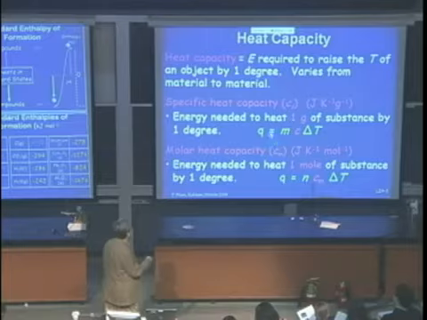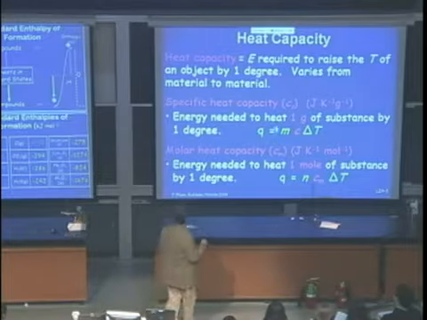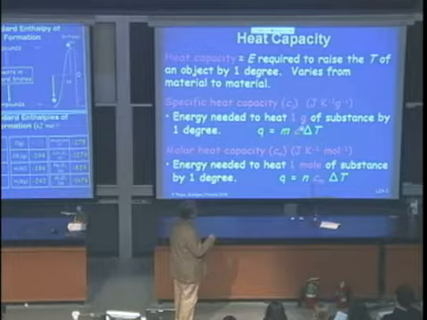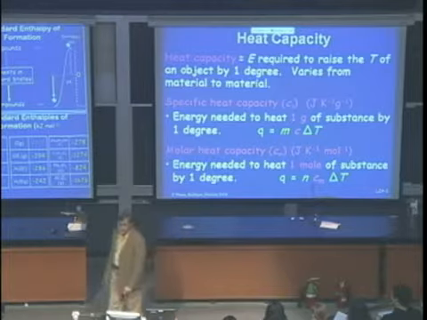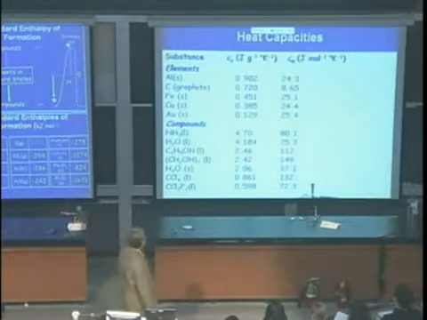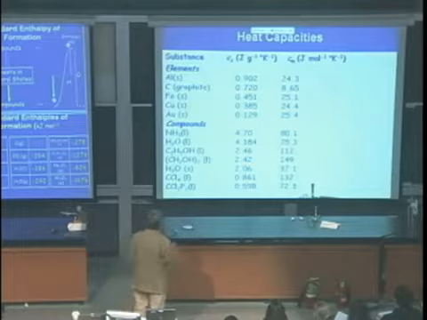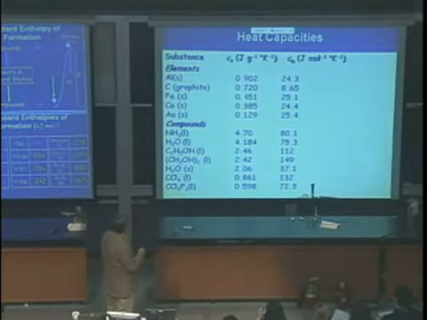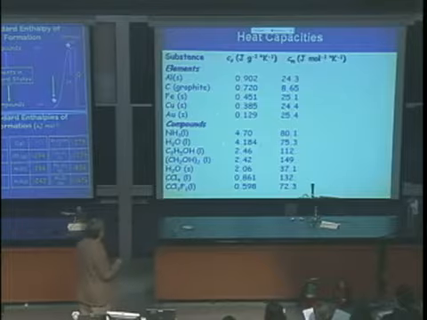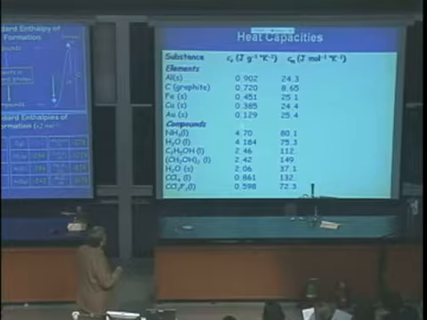So the heat that you generate is Q, the mass times the heat capacity times the change in temperature. You have done this. I think this was in your lab, and you must be familiar with this by now. So let's look at some heat capacities. Iron, for example, has a specific heat capacity of 0.45, and liquid water has a specific heat capacity of 4.18 joules per gram per Kelvin, okay?